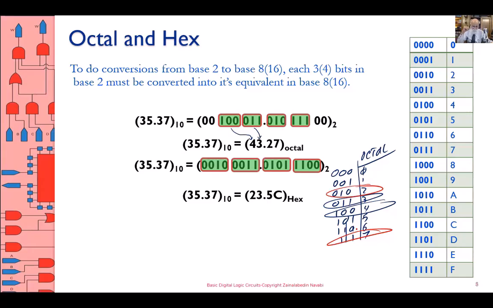And the same way with hex, you start from the binary point, to the right 4 at a time, to the left 4 at a time, and then you look up into this table.